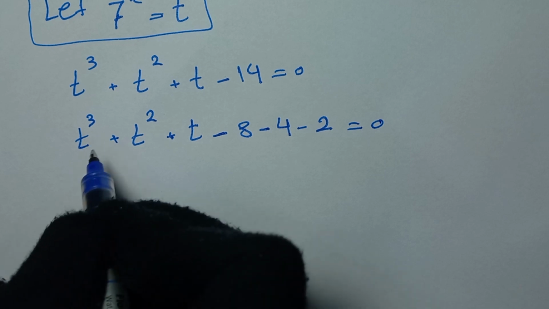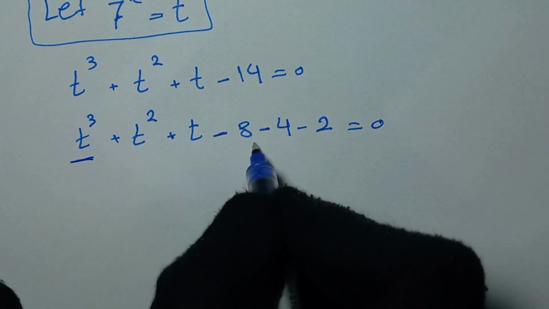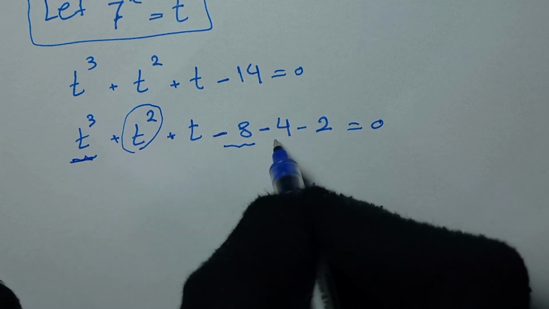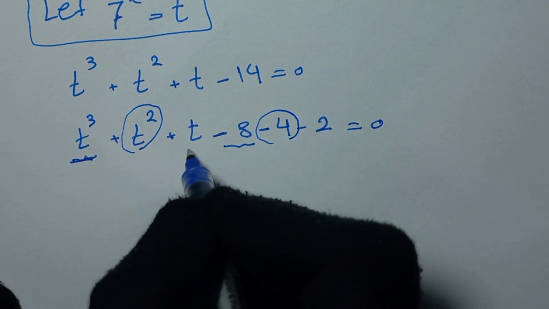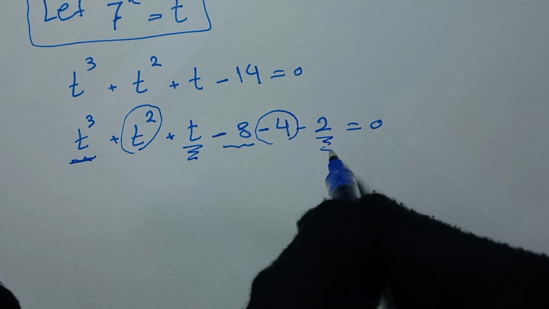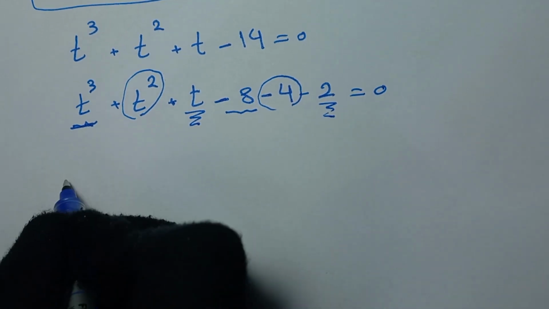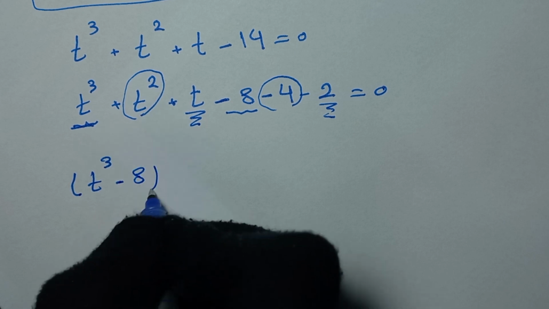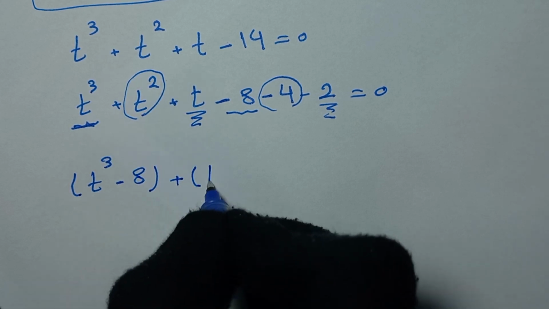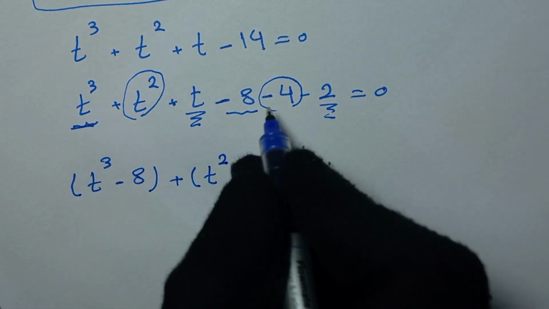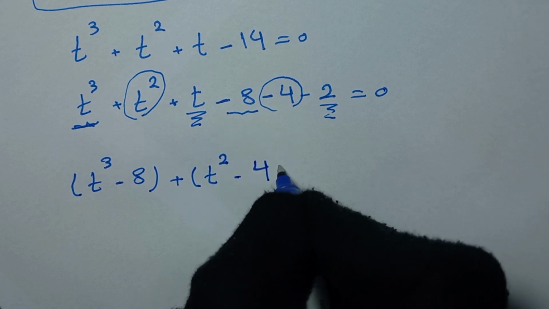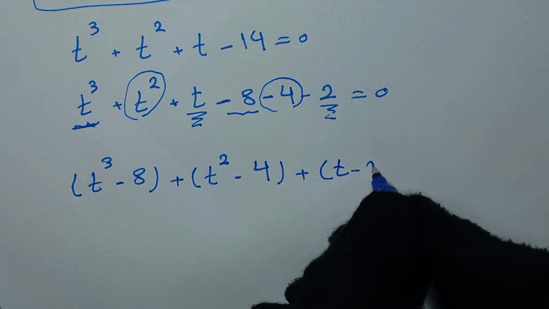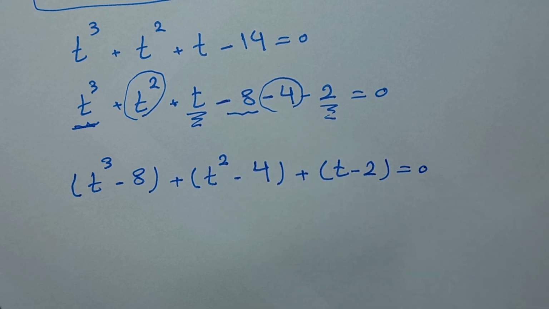And in the next step, we take this and this together, this t square and this negative 4 together, and this t and this negative 2 together. So it will be t cube minus 8 plus t square minus 4 and plus t minus 2 is equal to 0.